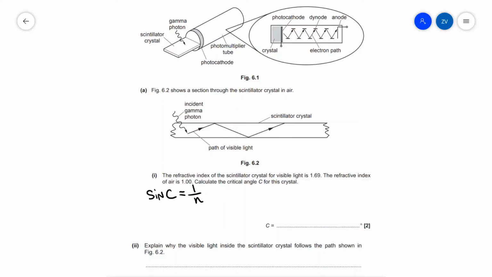We can use the inverse sine, so C will be inverse sine of 1 over n, which is going to equal the inverse sine of 1 over 1.69, which is the refractive index for visible light. And if we put that into a calculator, we're going to get 36 degrees.